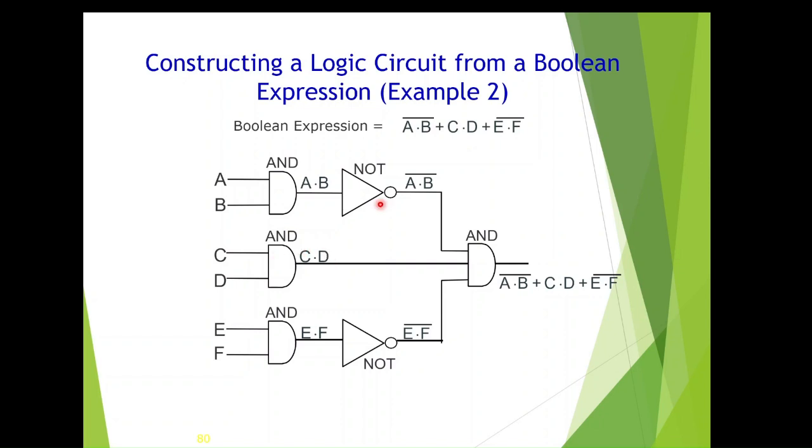Then the third term, E dot F the whole bar: we need an AND gate, then for complementing we need a NOT gate. Now all three have to be added, so we need an OR gate here.